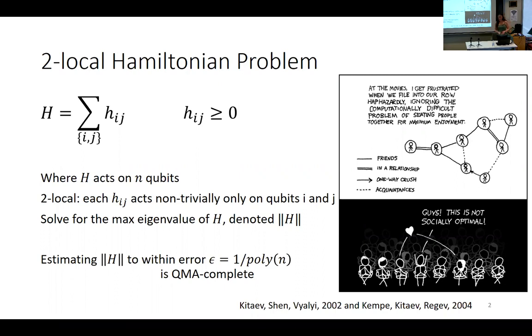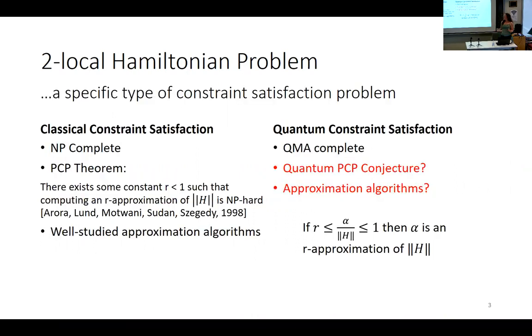Okay, in the bigger picture of quantum information theory, where does this fit in? Well, it's a type of constraint satisfaction problem. When we're talking about classical computation, constraint satisfaction problems are well understood. We know that they're NP complete, meaning again, we don't expect to be able to solve them efficiently in polynomial time.